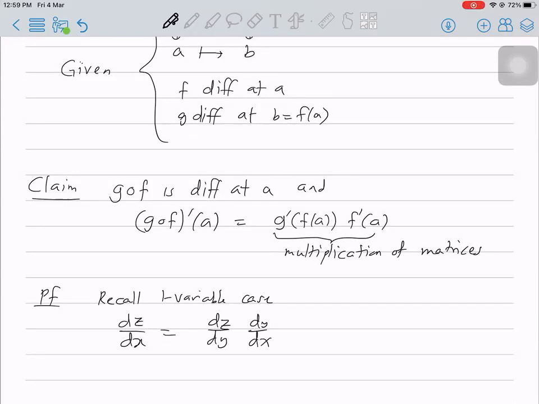What was the proof? Last semester we proved it using the sequential criteria. But let's just do this. The point is what was involved over there. So this was the limit as delta x approaches 0 of delta z by delta x, which is the limit as delta x approaches 0 of delta z by delta y times delta y by delta x, correct?